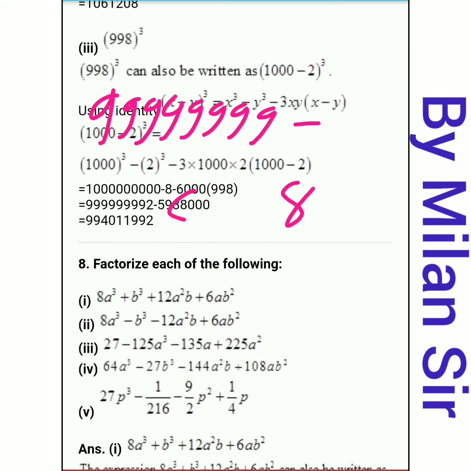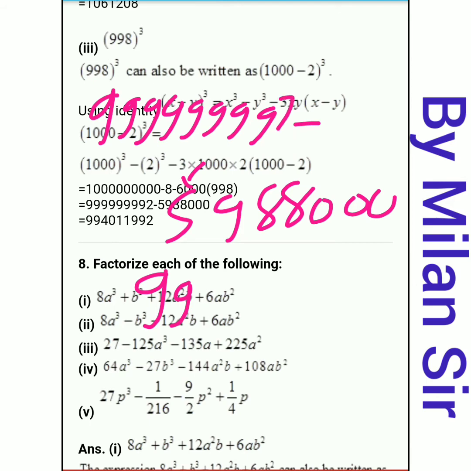That we need to write here, 5988. After that we have 30 here because 6000. Okay, so we need to put here 30. So finally we need to use the subtraction process. So 8 times 9, then we need to put 2.